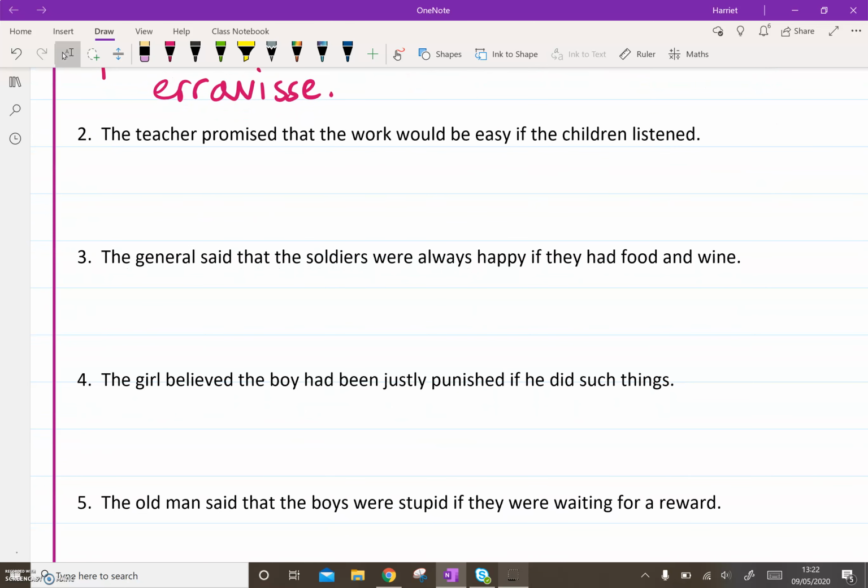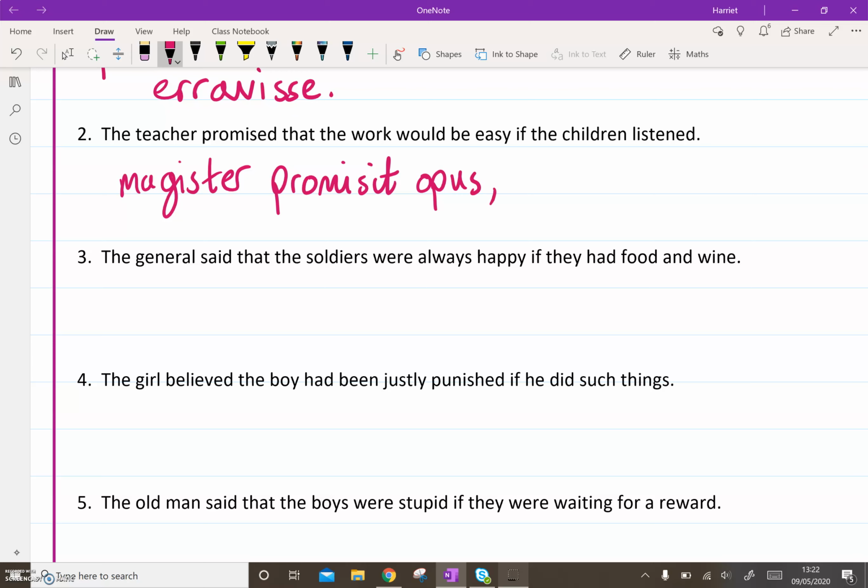Number 2, the teacher promised that the work would be easy if the children listened. So magister promisit. I'm going for opus, the neuter noun, so that the work. So that's an accusative, but it looks weird because it's neuter. So that the work. If the children listened, okay?